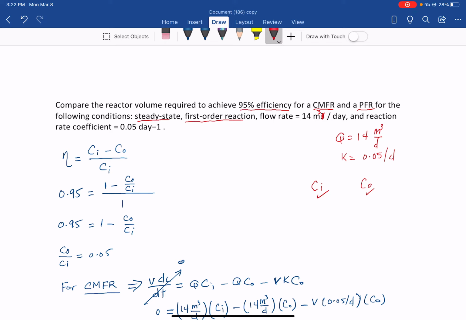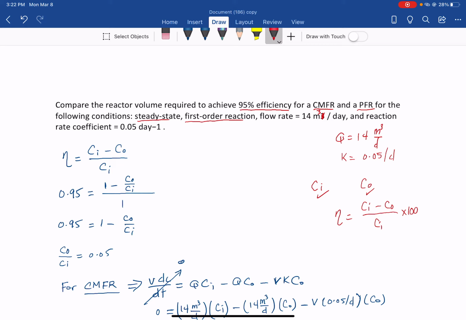The efficiency is initial minus out over initial times 100. This is the efficiency of the performance of a CMFR or plug flow reactor.